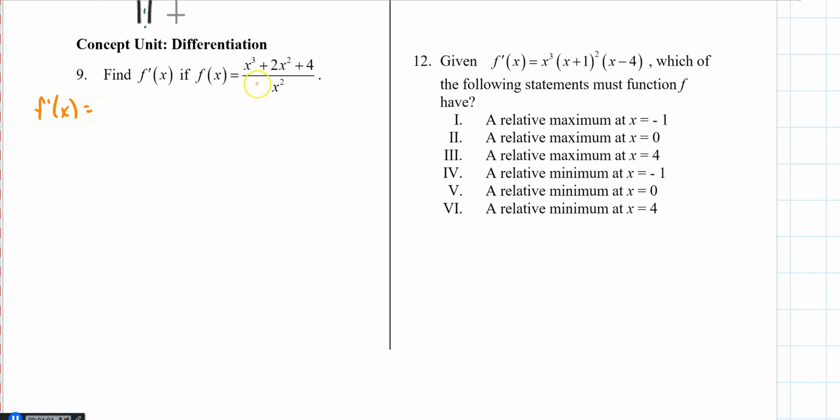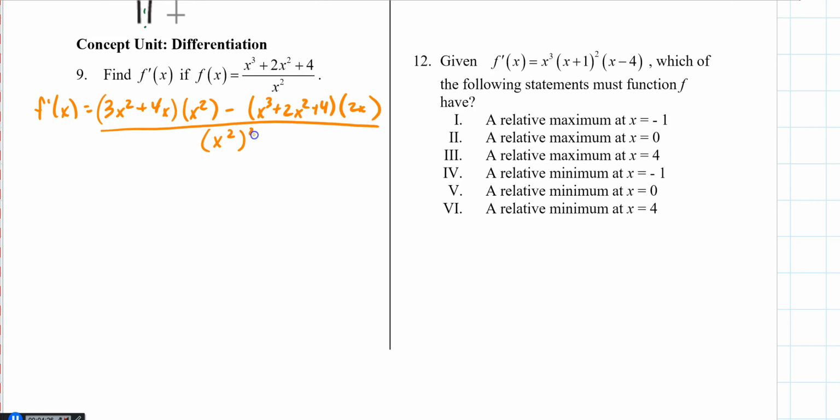as the derivative of the top, which is 3x squared plus 4x, times the bottom, minus the top, times the derivative of the bottom, all over the bottom squared.